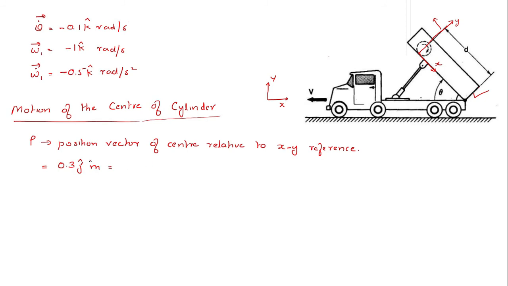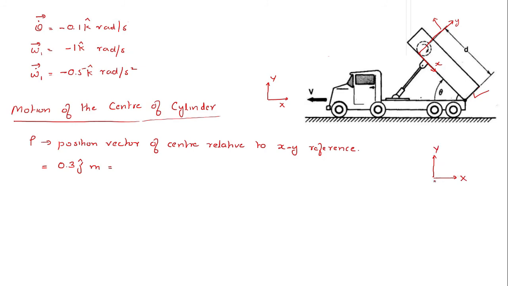Now I can represent j dash in terms of the unit vectors of the fixed reference, capital X capital Y. So let me draw it here. You have the fixed coordinate XY here.